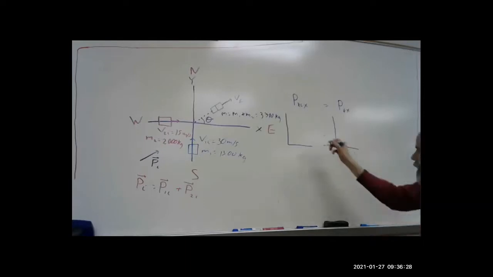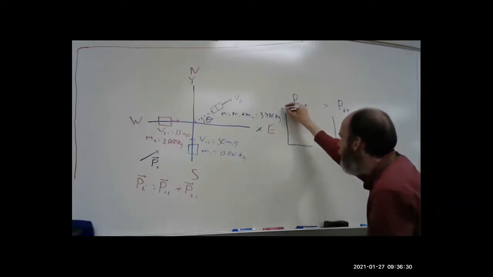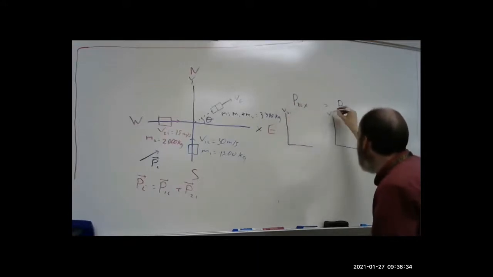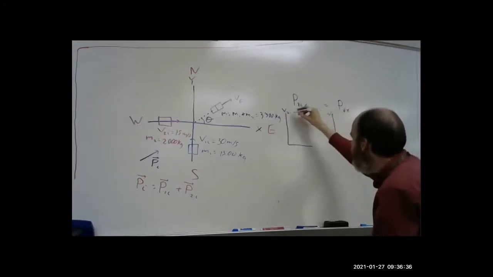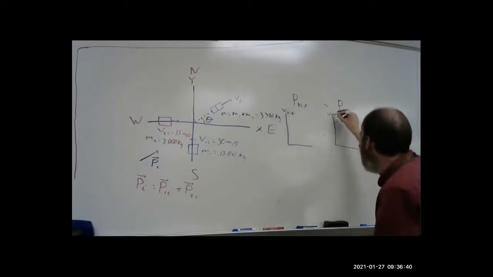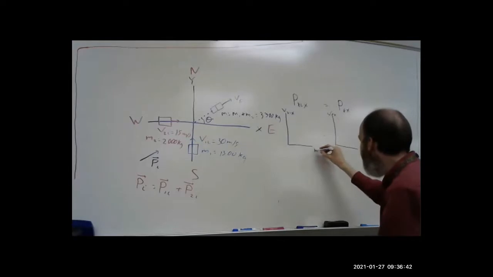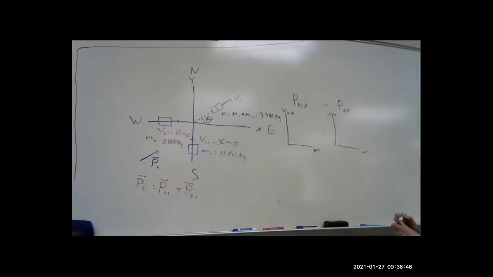So this is going to be V2 initial, and this is going to be V final in the x direction. And this is mass, and this is mass. So car 2 has a mass of 2,000 kilograms.